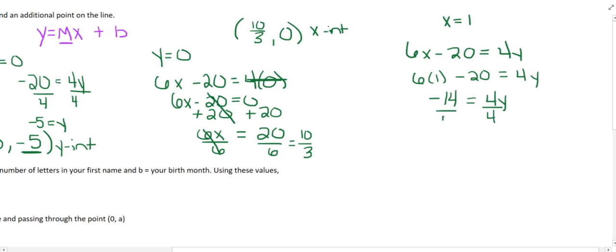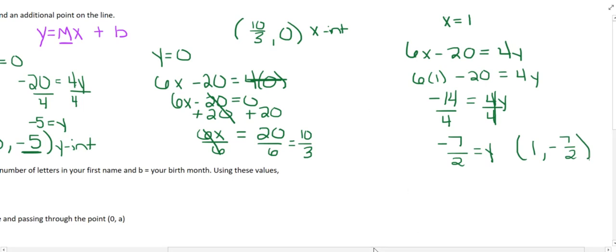So divide by 4, and that gives you negative 14 over 4. Both of those are divisible by 2. Negative 14 divided by 2 is negative 7, and 4 divided by 2 is 2. So there you have an x value of 1 and a y value of negative 7 over 2. So there's another point on the line. That's how you could do this algebraically.